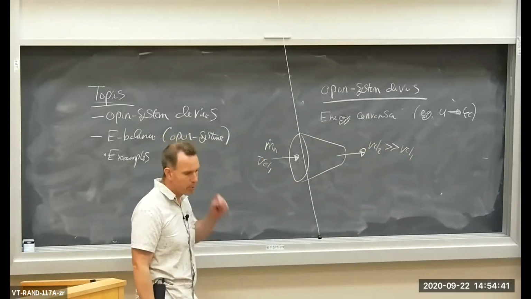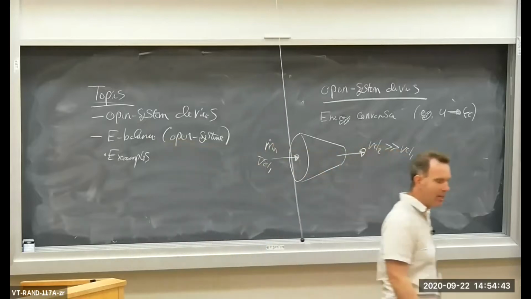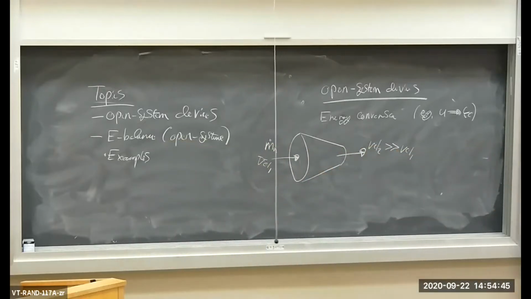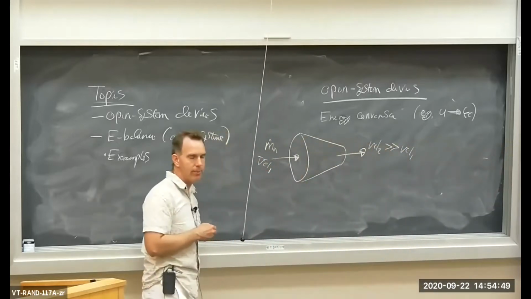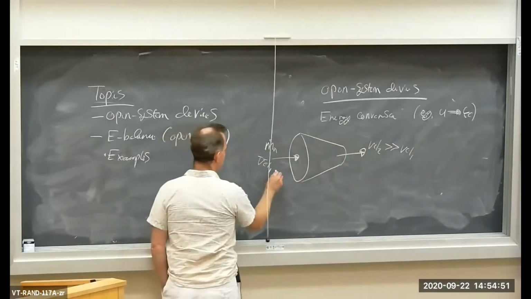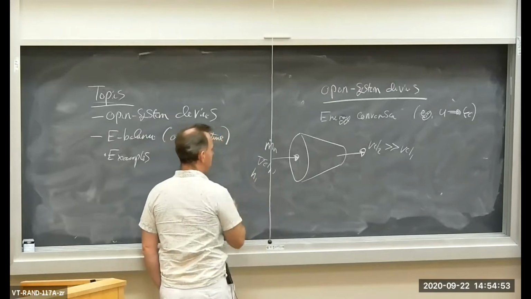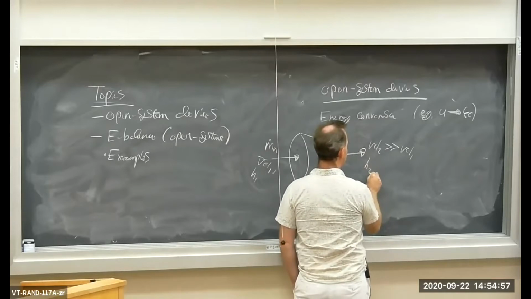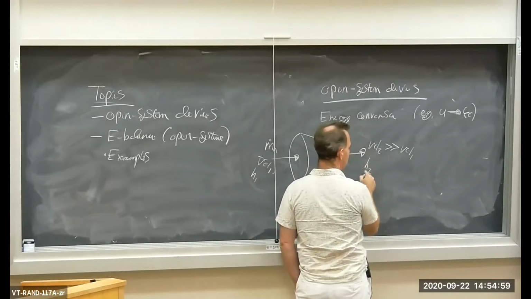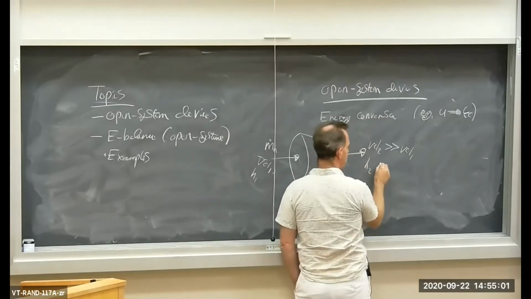Well, it takes pressure work and to some extent internal energy, and converts it into kinetic energy. So usually the enthalpy at state 1, that's given at the inlet, and the enthalpy at state 2 is given at the outlet. Usually the outlet enthalpy is less than the inlet enthalpy.